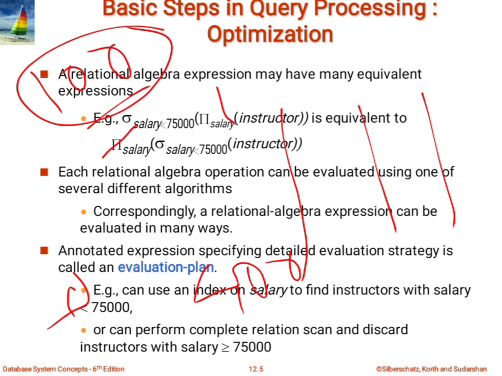So what will be the ultimate cost? Roughly, it will not be the actual cost, for the sake of simplicity, this 100 is the cost of this particular query. If I am doing index searching, I am directly searching whether this particular row has a salary less than 75,000, yes.